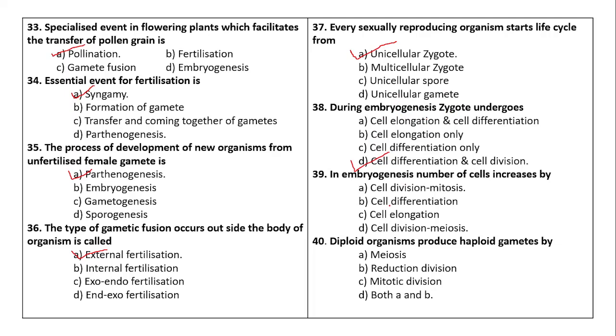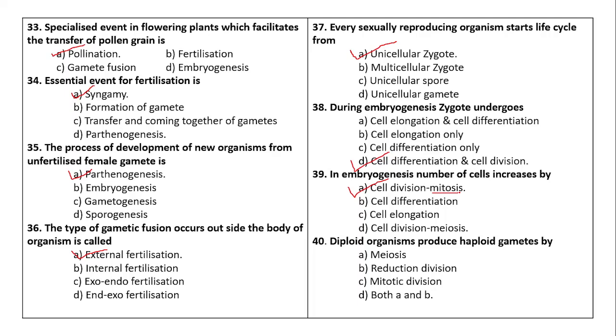Then what type of cell division? It is mitosis, because only during gamete formation meiosis will be seen. Except in gamete formation, in all other conditions the type of cell division is mitosis. So during embryogenesis also cell division will be taking place, that too particularly mitotic cell division.